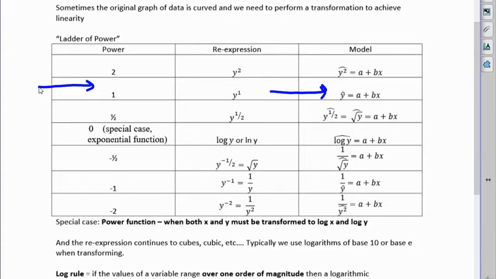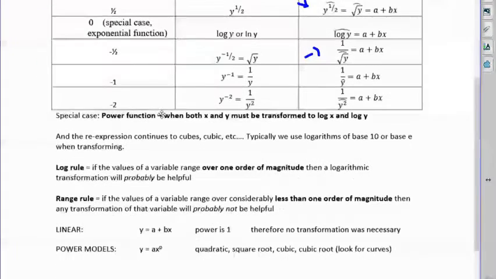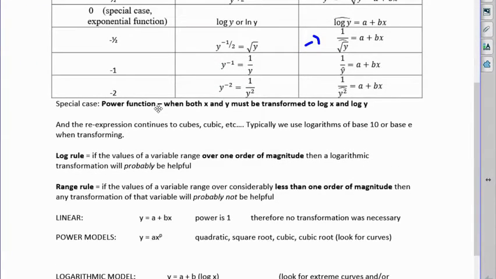By transforming that, we can end up with a new graph that is linear, and then we can write a new equation. Maybe it's a quadratic, or a square root, or a reciprocal, whatever kind of situation. But we might also have something that deals with logs, and logs are extremely popular.